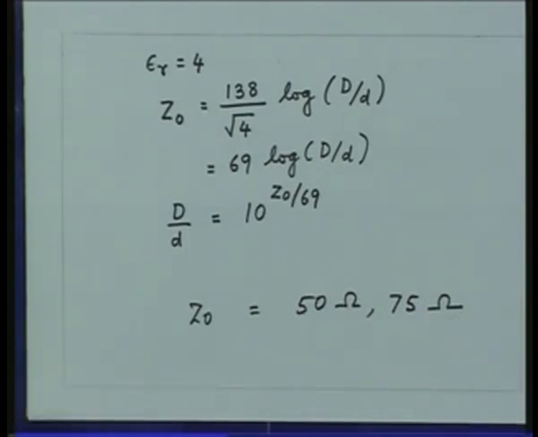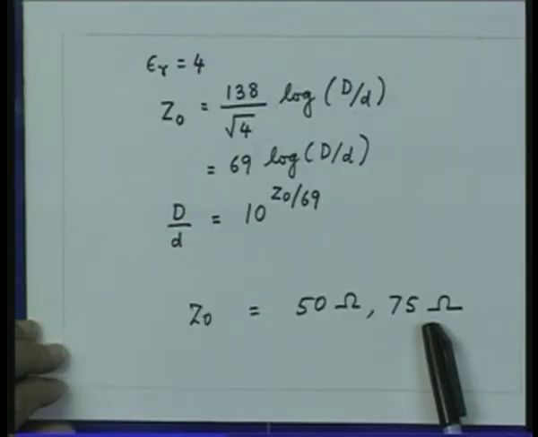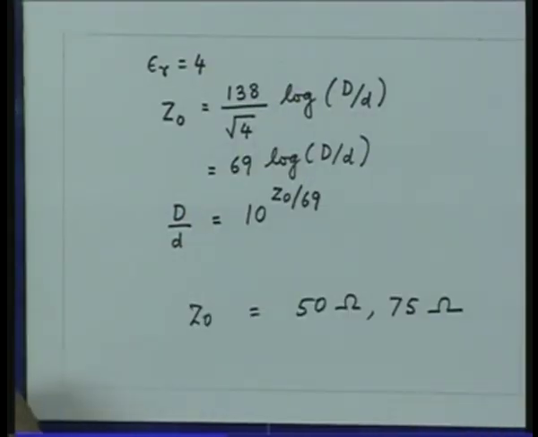Generally the cables are standardized for 50 ohms. However, whenever we go for antenna applications, we get a cable which has characteristic impedance 75 ohms. And the reason is that normally the antenna which is used in practice, we will see little later, that is the half wave dipole, and its input impedance is very close to 75 ohms.